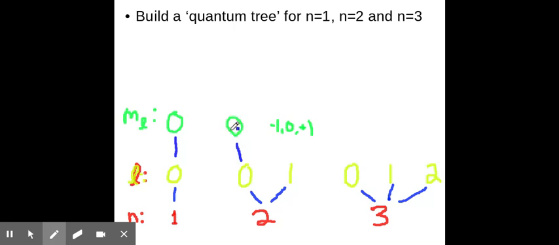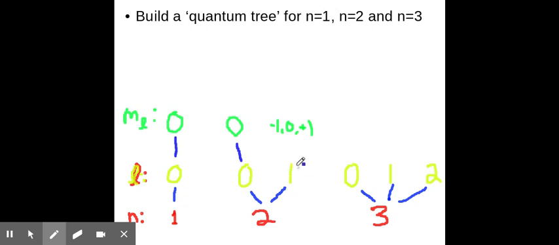Now this 0 here and this 0 here are the same type of orientation, but this one's under energy level 1, and this one here is under energy level 2. So there are 2 different spots that happen to have the same orientation, as well as the same shape, but 2 different energy levels. If the energy level is number 2, it also has the option of having this 1 in there as well, because remember it goes from 0 up to n minus 1, so from 0 to 1.